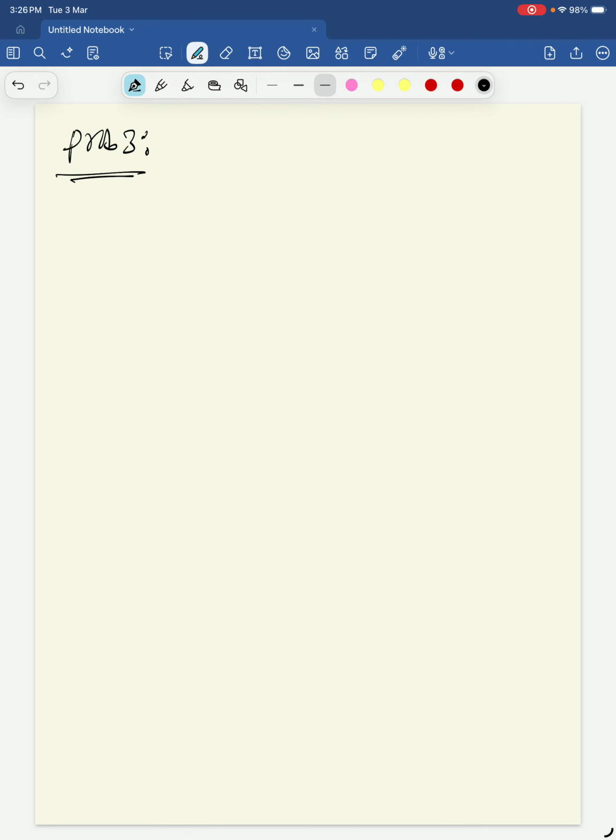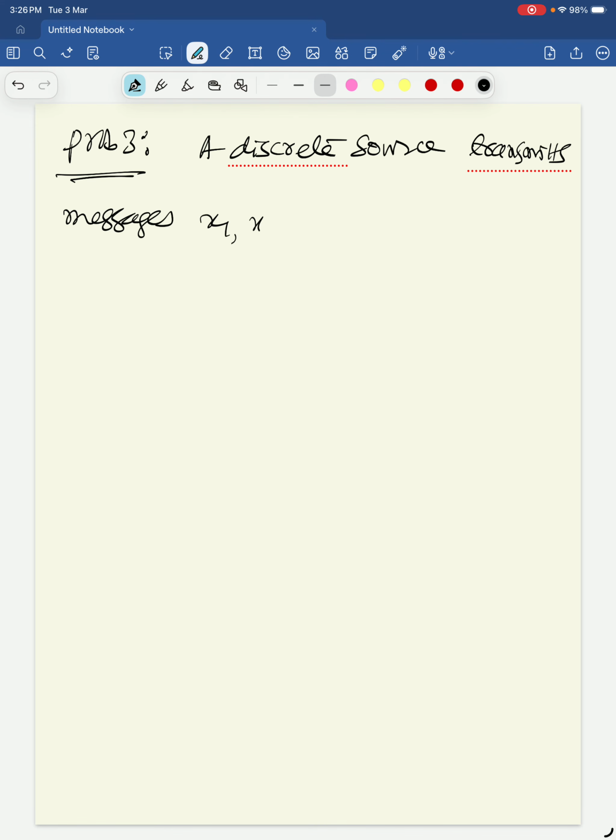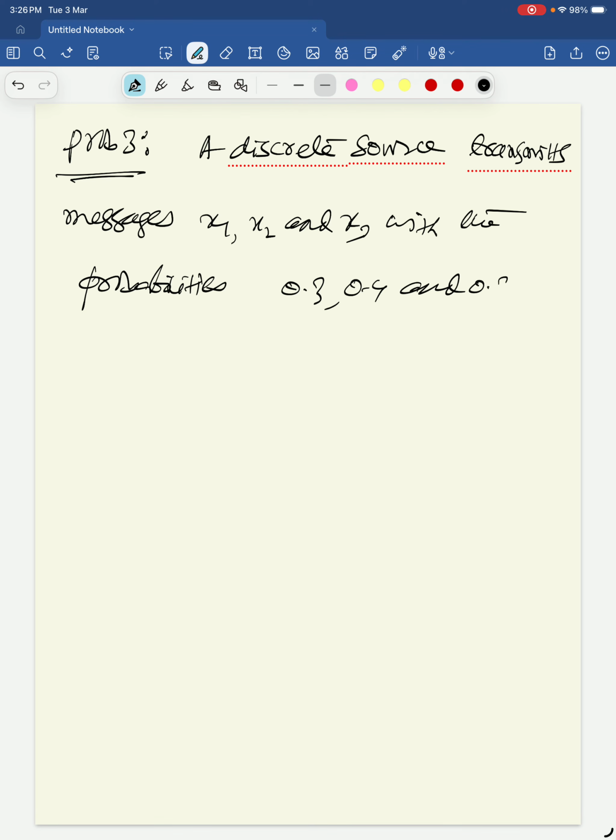Problem 3 is that a discrete source transmits messages x1, x2 and x3 with the probabilities 0.3, 0.4 and 0.3.